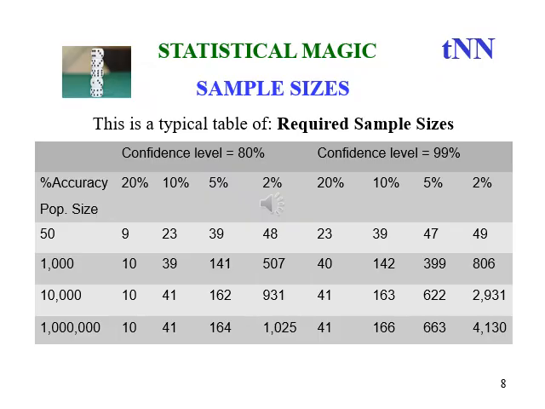Next to that, just to the right of it, there's a block called confidence level equals 80%. We'll talk about it on the following slides. And then to the right of that, over to the right of this table, we have a block on the top of which is confidence level equals 99%.